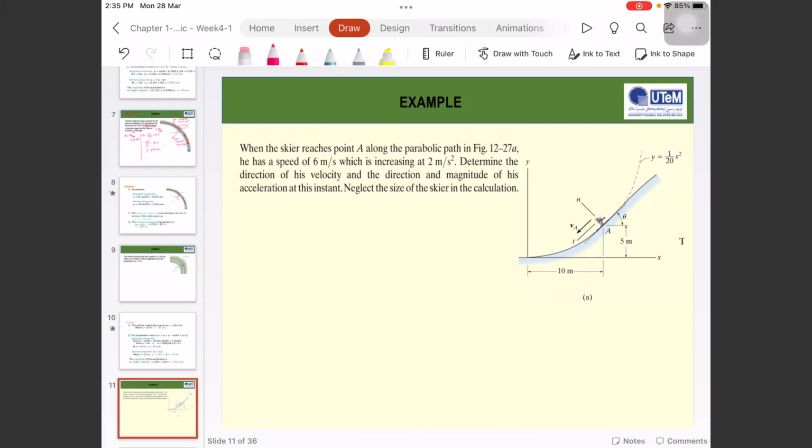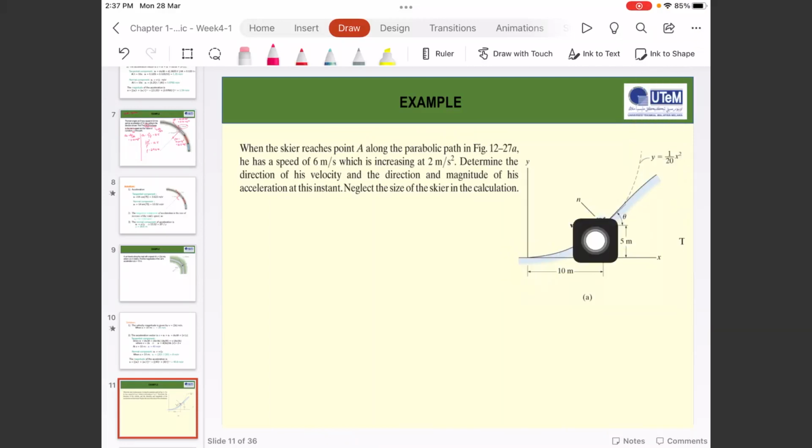So macam mana nak buat? Dia beri speed of 6 meter per second. Skier ni turun daripada atas sampai bawah ni.